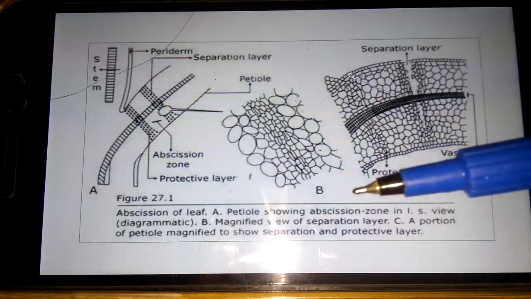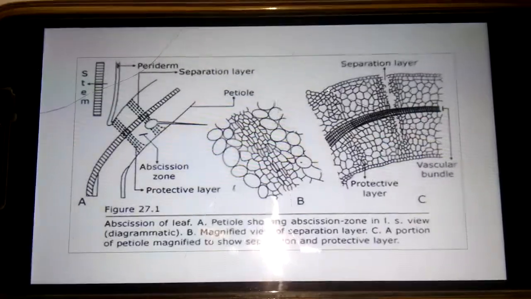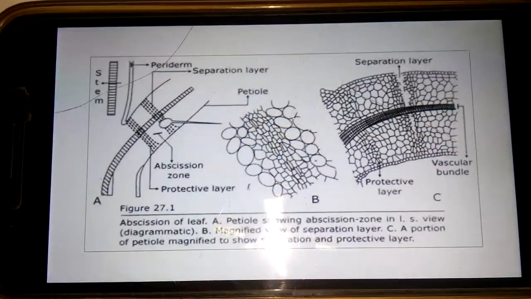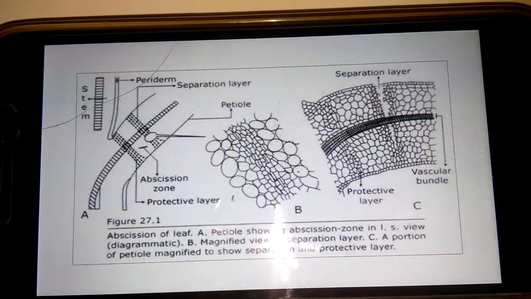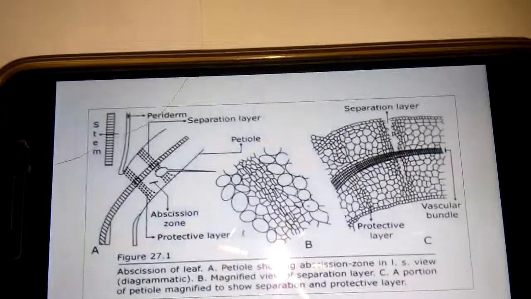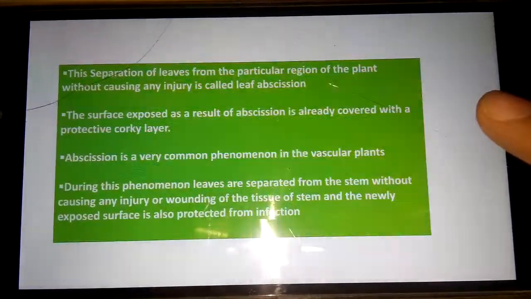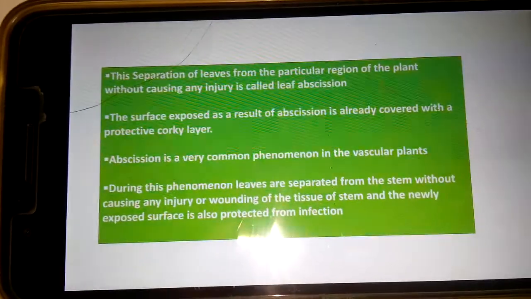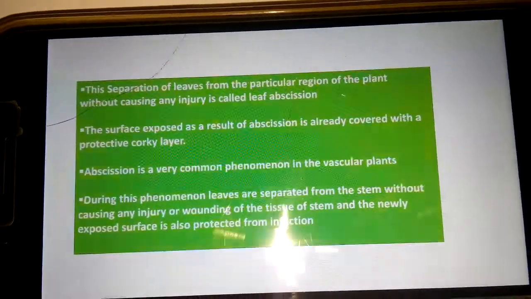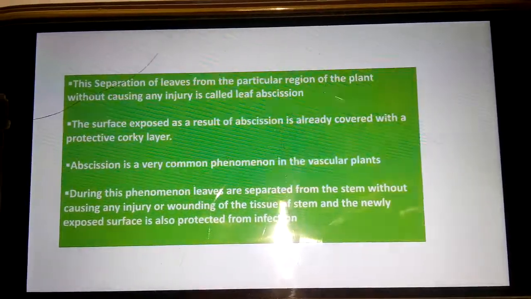Abscission of leaves is the separation of leaves from a particular region of the plant. This separation of leaves from the particular region of the plant without causing any injury is called leaf abscission.